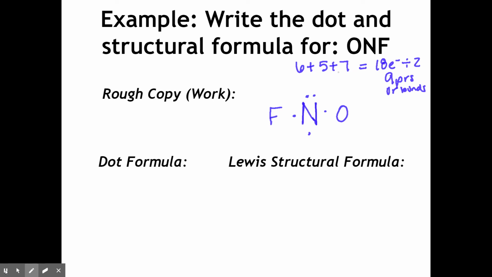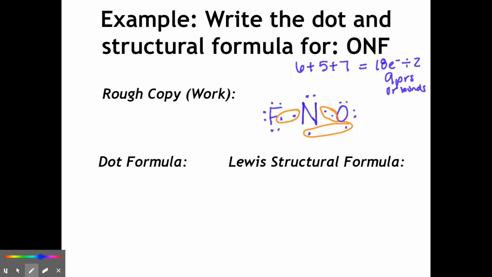I know that my fluorine has 7 valence electrons, so I'm going to draw those. I know that my oxygen has 6 valence electrons, so I'm going to draw those. In another color, these are going to share, these are going to share, and these are going to share.